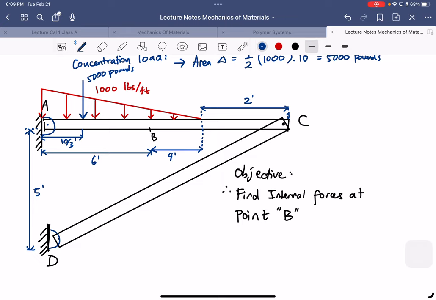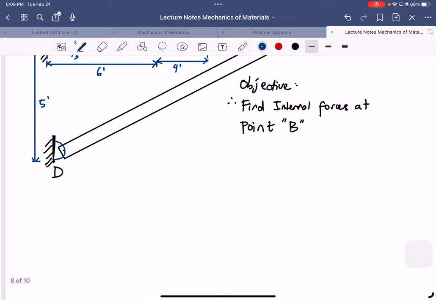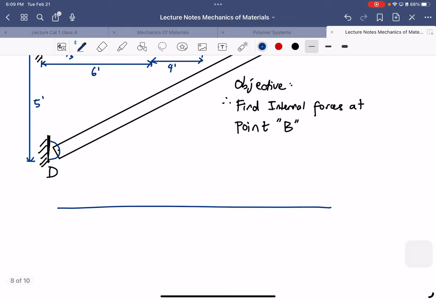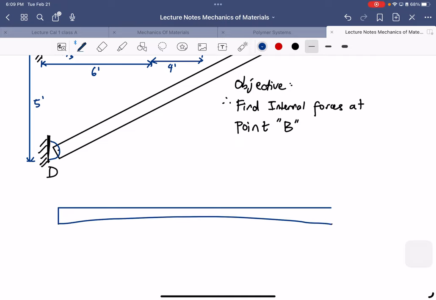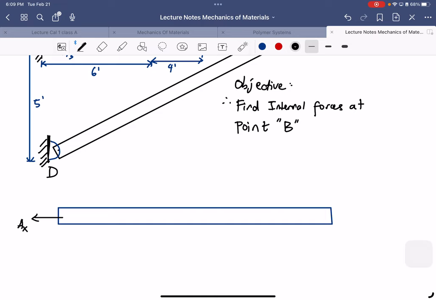Let me write the loads first: 5,000 pounds here.